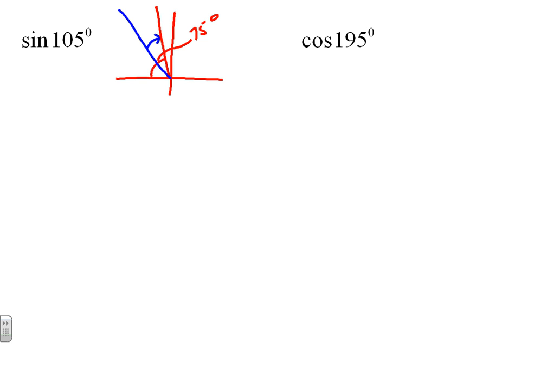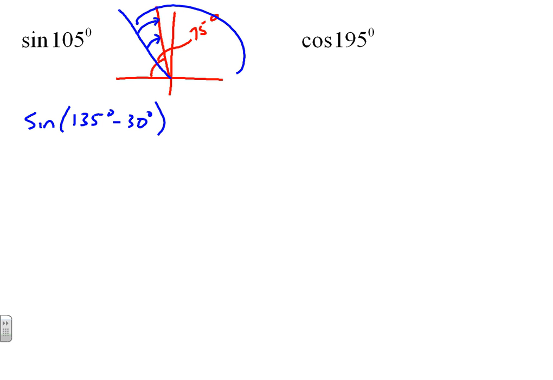In other words, sine of 105 degrees is equal to sine of 135 degrees minus 30 degrees. Okay?